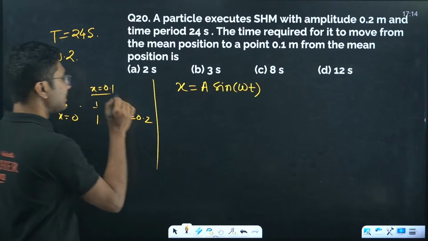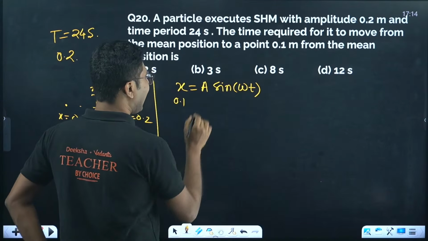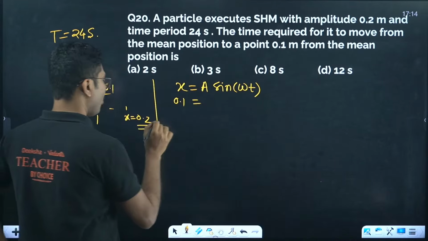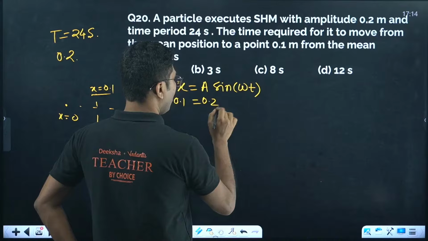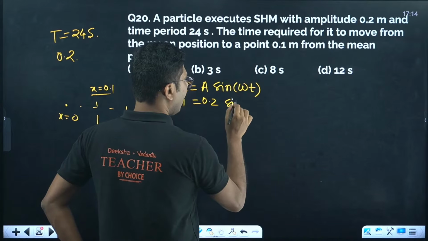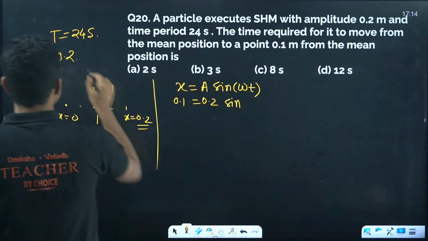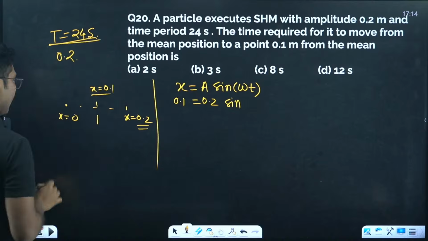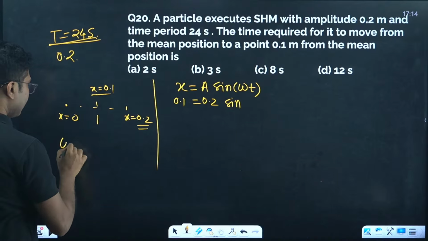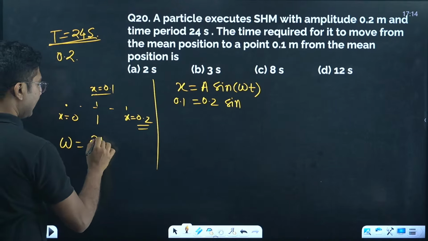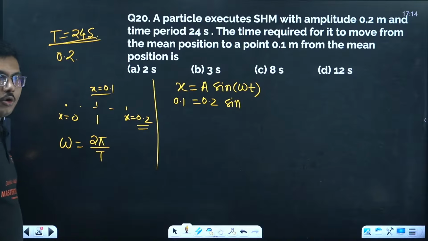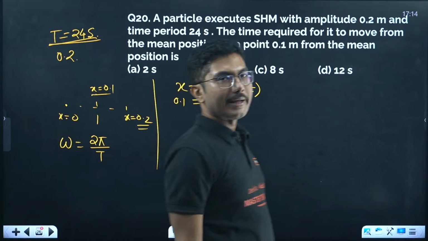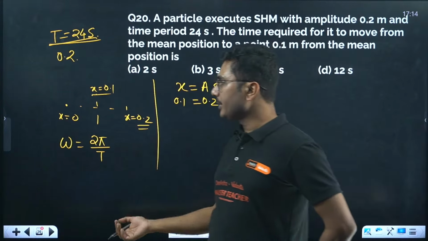So x for this is 0.1, amplitude is 0.2. Now what about omega? How to calculate omega? The time period is given, so you can calculate omega. Omega is 2 pi by time period. Time period is 2 pi by omega.